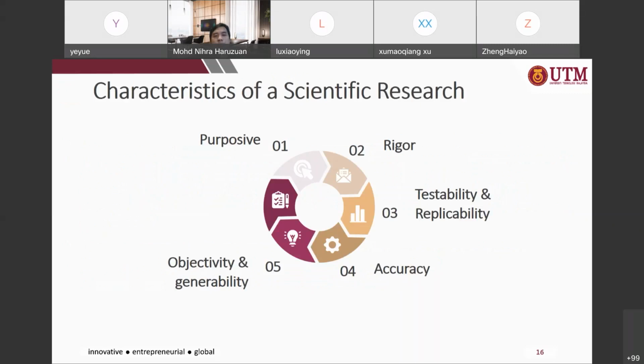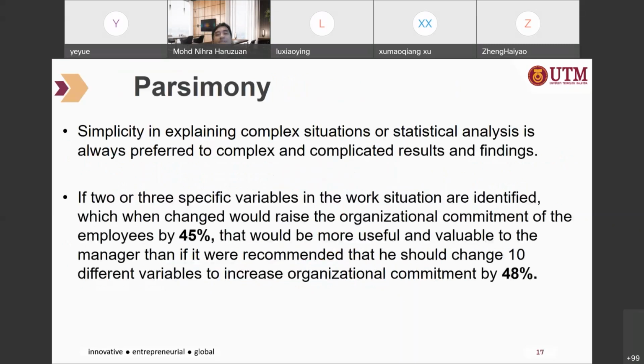All right. The last one is parsimony. What is parsimony? Parsimony means simplicity, simple. You avoid complicated wording, complicated findings or output. So simplicity in explaining complex situations or statistical analysis is always preferred to complex and complicated results and findings.